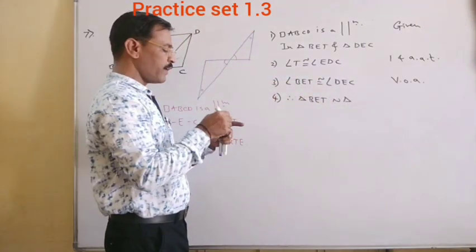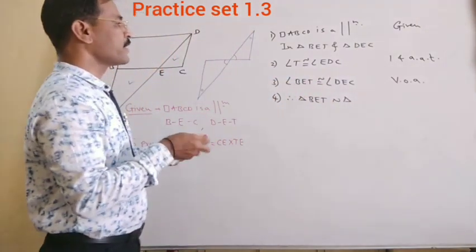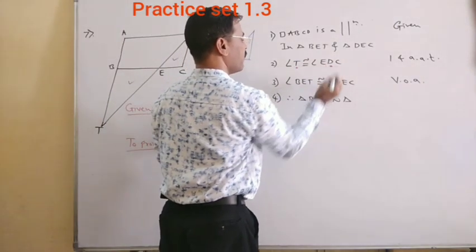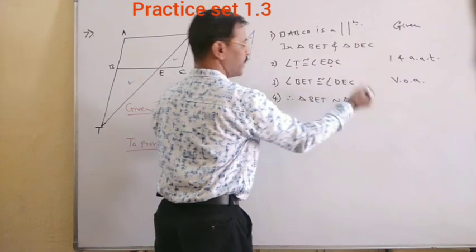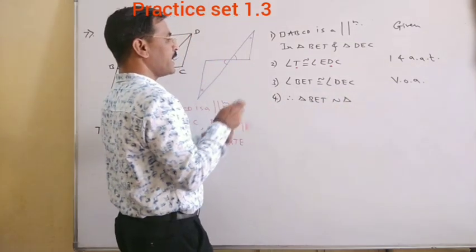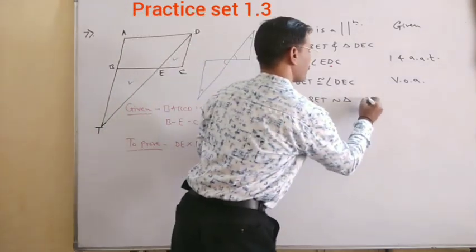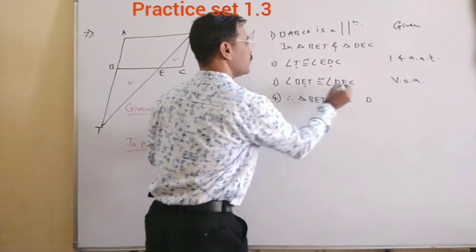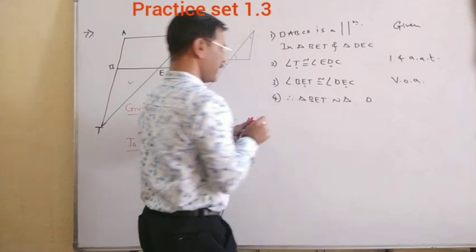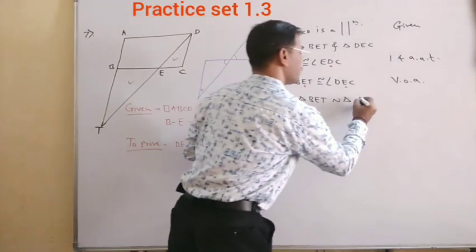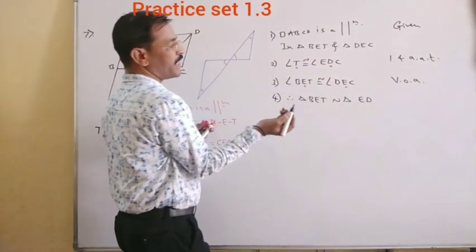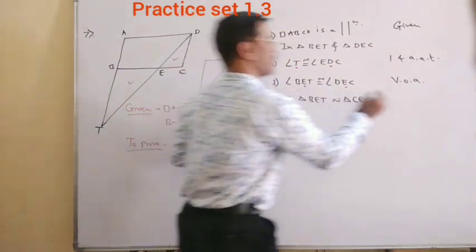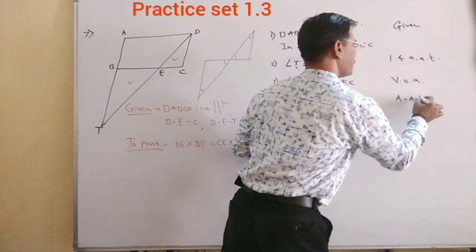Always try to verify they are in one-to-one correspondence or not. See here, T to D. Where is T? Last. So D we have to write last, and then E to E, so E is in the middle. Which letter remains? C. Just write it in its place. This is by AA test.